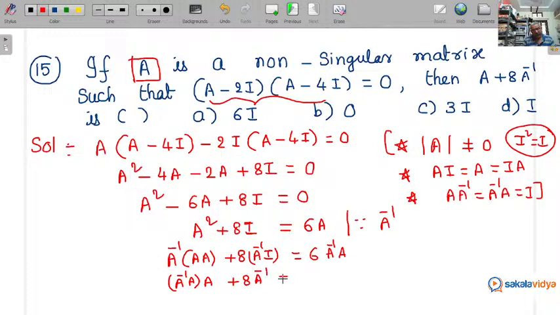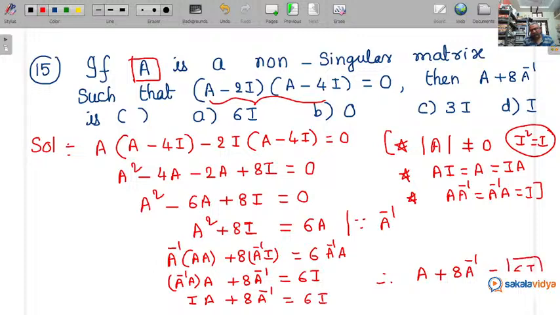So A inverse A is I, so I into A plus 8A inverse is equal to 6I. So therefore A plus 8A inverse is equal to, our answer, 6I, 6 into identity matrix. So A is the right option.